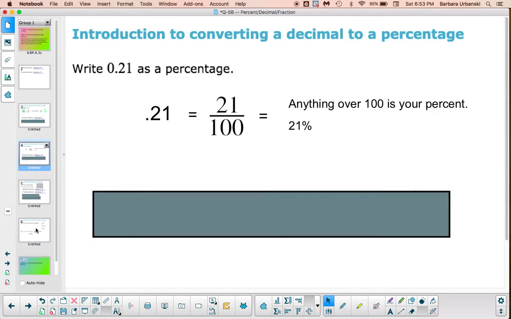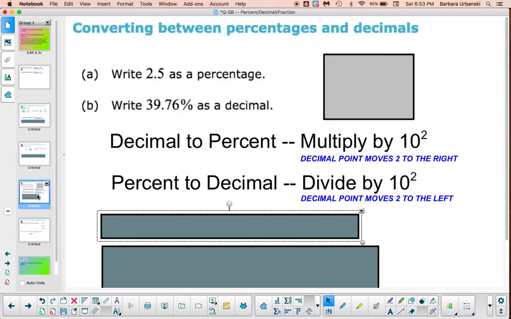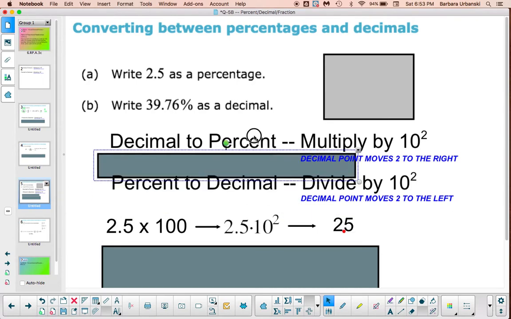So let's take a look at another problem. Same thing holds true. The only difference is they're giving you decimals, and that really shouldn't concern you. Write 2.5 as a percent. You're going from decimal to percent, that means you are going to be multiplying by 10 to the second power, and your decimal will go to the right.